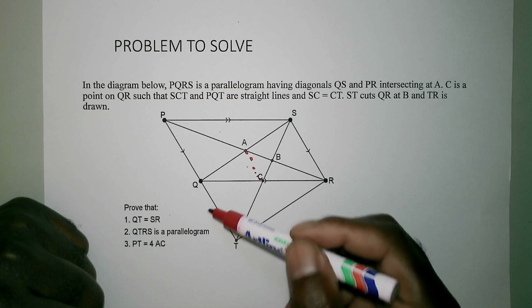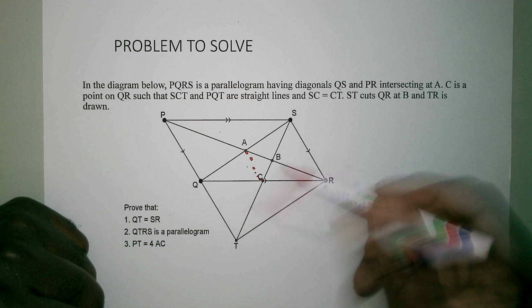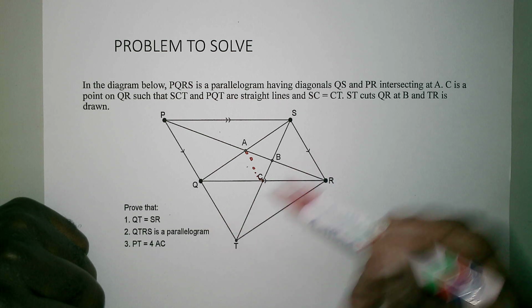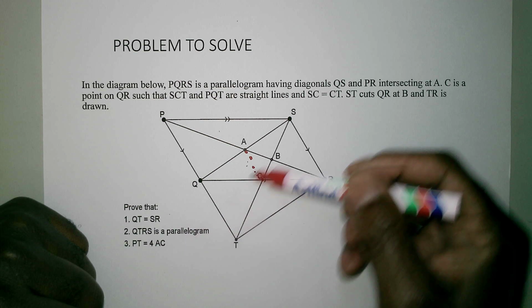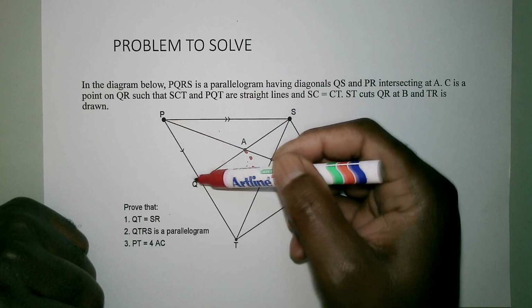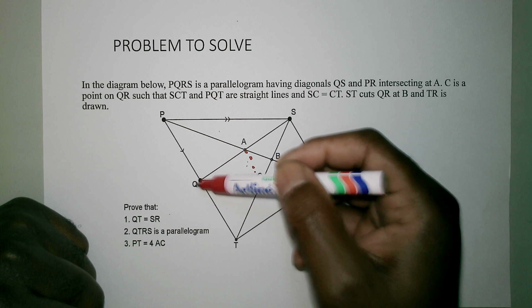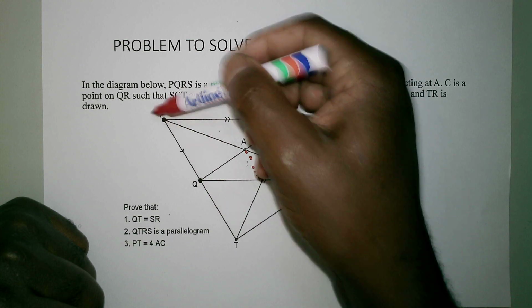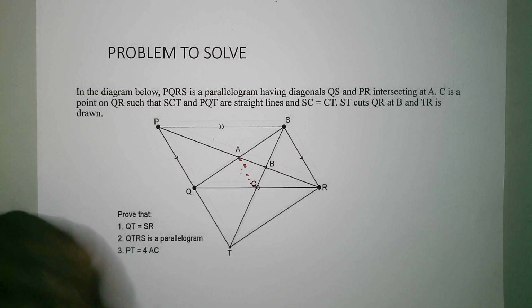If you are able to establish that this is equal to that and parallel, you can establish a parallelogram. And if AC, you can relate it to PQ using the midpoint theorem. Relate it to QT. You can as well relate it to PT.